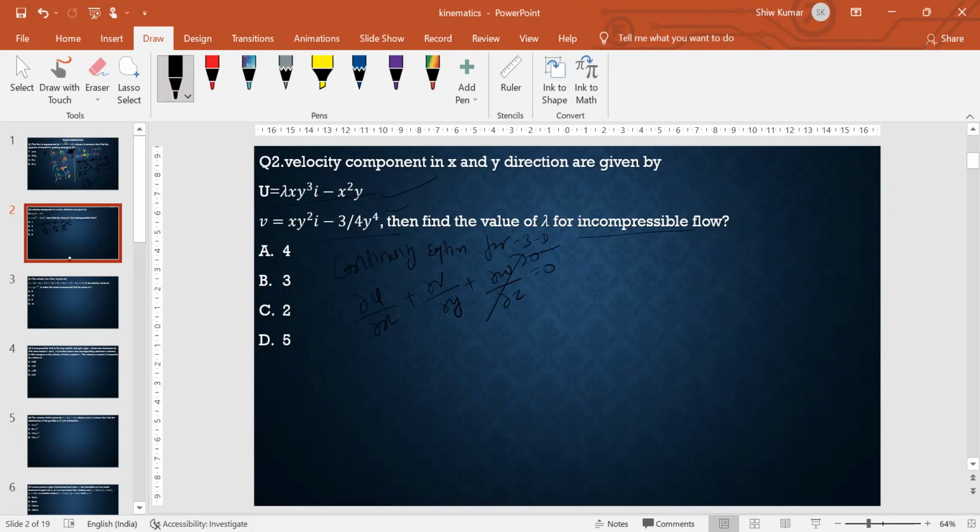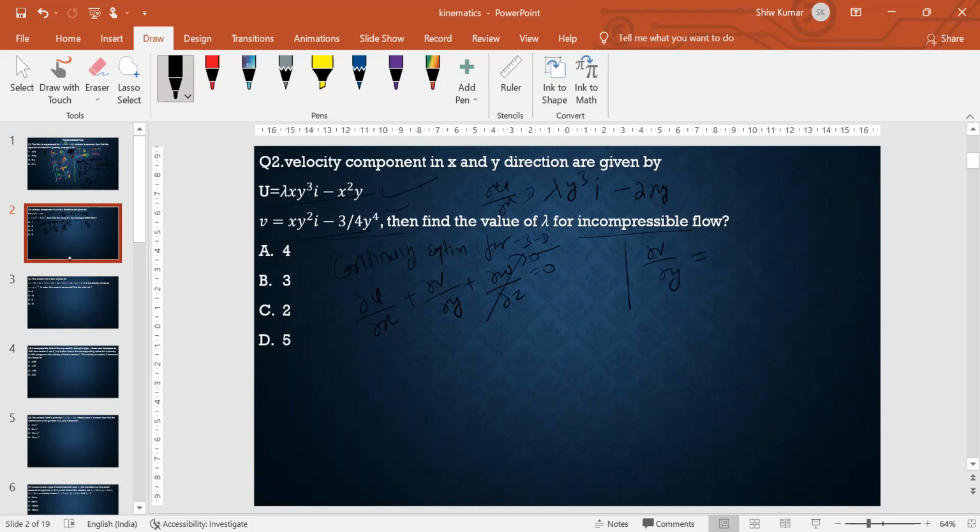So if you differentiate this one, ∂u/∂x, you will get it here. With respect to x means the y term must be constant. So it will be here lambda y cubed i minus, with respect to x means it should be 2xy. Similarly ये v है, so यहाँ से हम लोग को find out करना पड़ेगा ∂v/∂y.